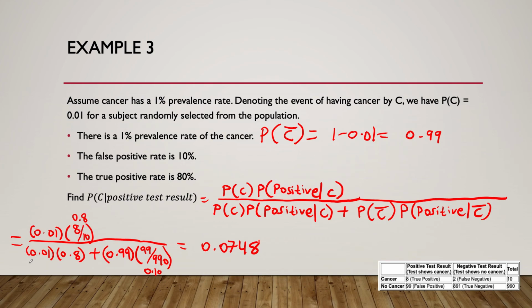Divided by 0.01 times 0.8 again, plus the probability of not having cancer we just said before is 0.99, times the probability of being positive given not having cancer. For this, that will be this 99 divided by the total 990, which is 0.10. And tossing this entire calculation into a calculator, we get a probability of 0.0748.